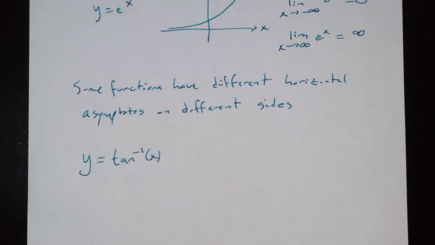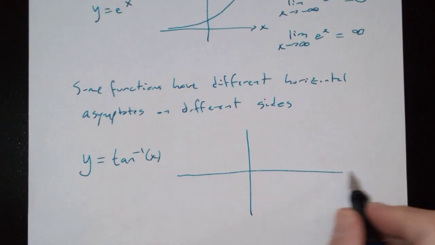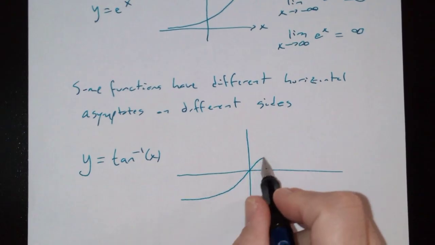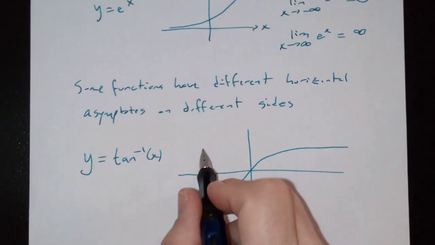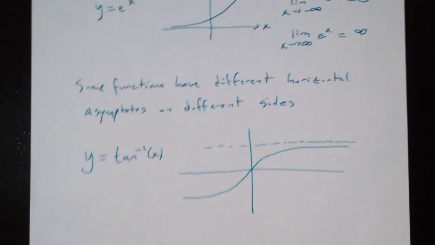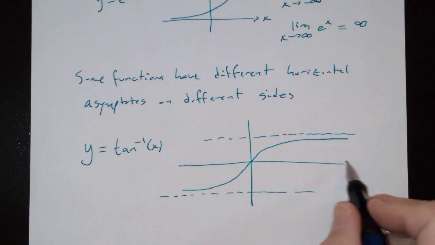But look at what's going on as I draw this picture. There's a horizontal asymptote up here for the right. There's a horizontal asymptote down here for the left.